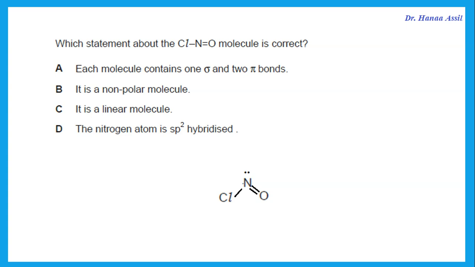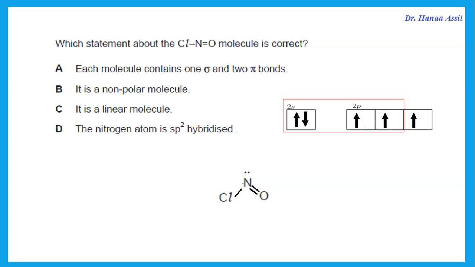Is it linear? No, it's not linear, because the nitrogen has a lone pair of electrons on it that repel the bonding pairs more than the bonding pairs repel themselves. The nitrogen atom is sp2.